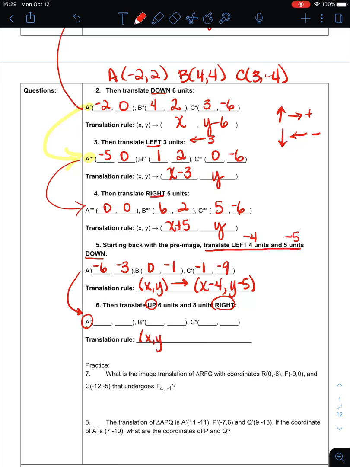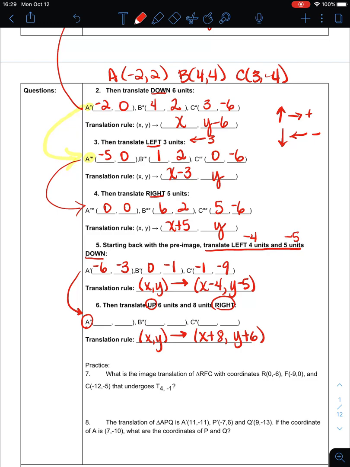So let's write this rule so that we don't get that backwards. (x, y) becomes x plus 8 and y plus 6. Be careful that you pay attention to those words up, right, left, down. It's not always going to be that your horizontal direction is first and your vertical direction is second.